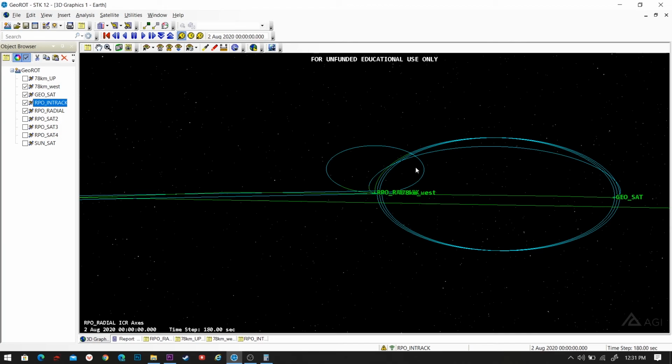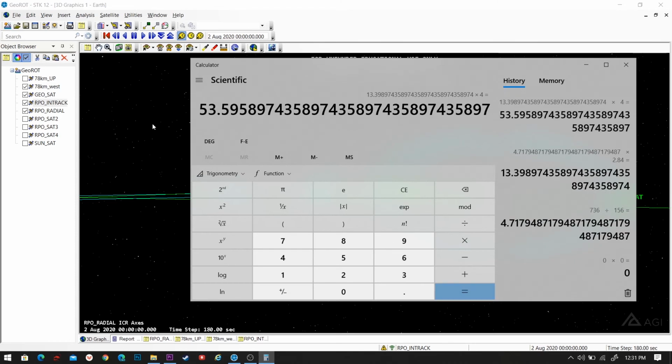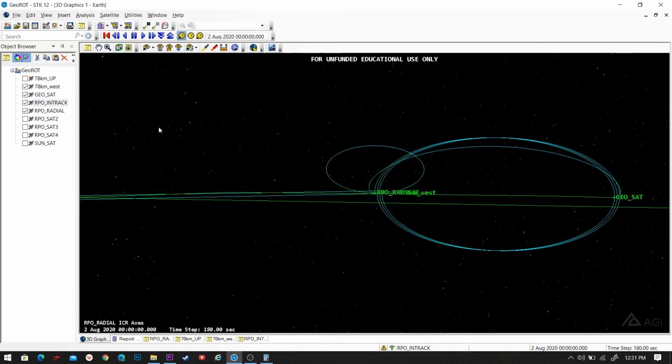Or what if I'm 4 degrees away from GeoSat and I want to close that distance in 12 hours? How much would that take? Well, you just take this number that we've done for 1 degree and multiply by 4, and understand that it's going to be 53 meters per second positive radial to move to GeoSat in 12 hours.